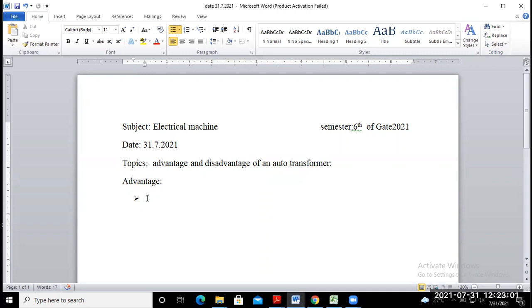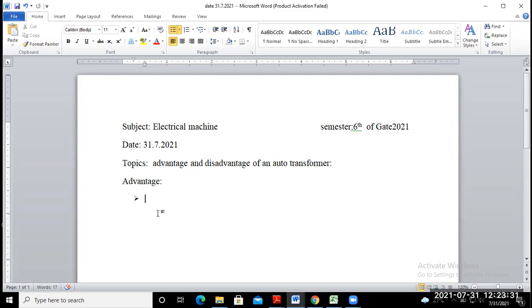The cross-sectional area of the conductor is directly proportional to the current carried by it, and the length of the conductor is directly proportional to the number of turns of the winding. So just calculate the weight of conductor of the autotransformer and of the two winding transformer, and find how much conductor material can be saved if you use the autotransformer.